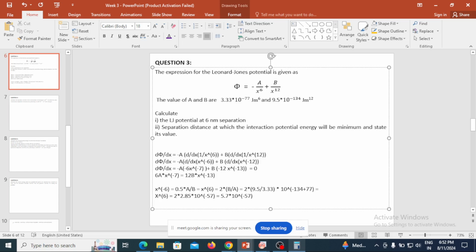So what is the value of x? x will be this whole power 1 by 6, right? So 5.7 into 10 to the power minus 57 whole power 1 by 6. So what will be the value? For this I will use my personal calculator. If you are able to calculate, please let me know the value.